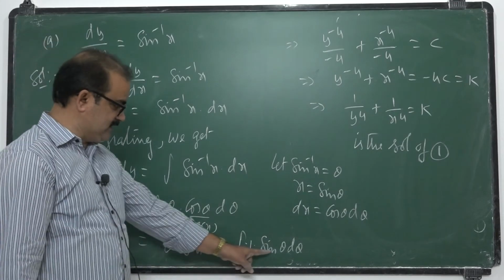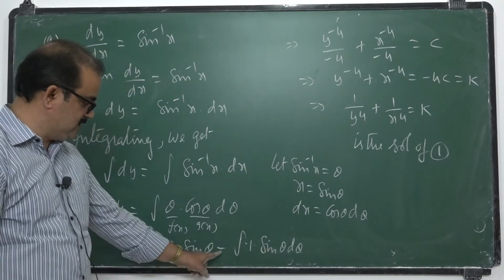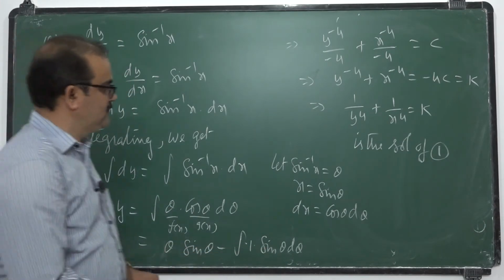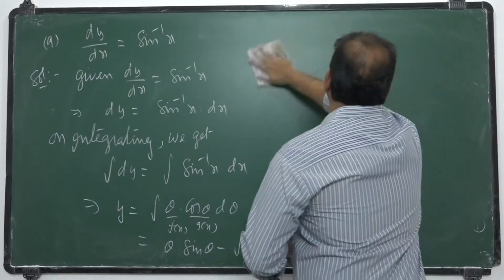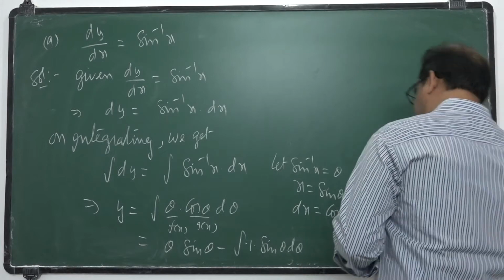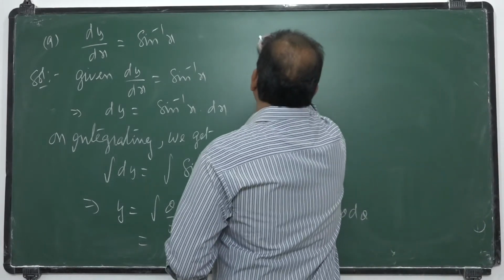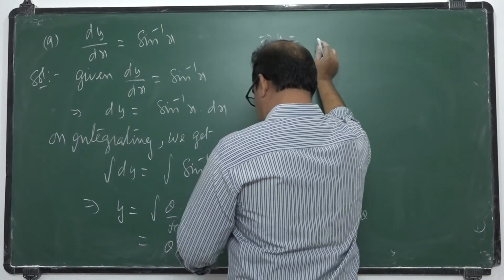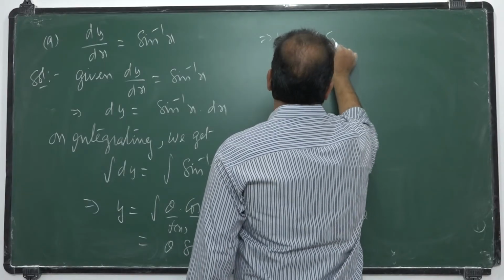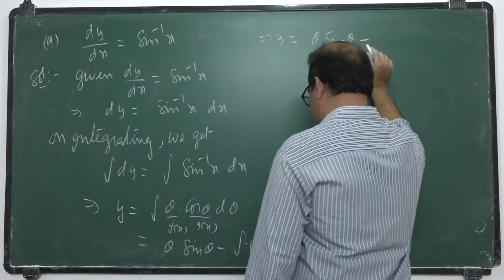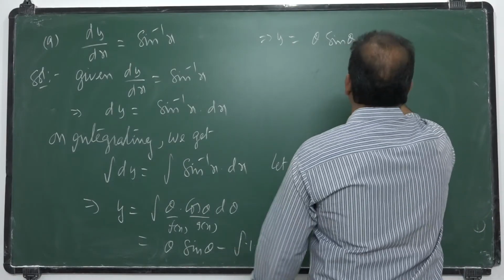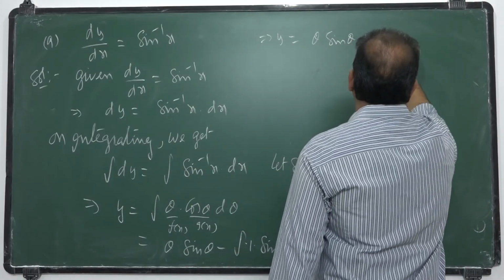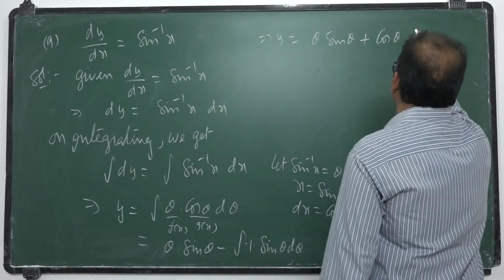Again, what is the integral of sin theta? Minus cos theta. Minus into minus is plus. y is equal to theta into sin theta minus integral sin theta, minus cos theta, minus into minus plus cos theta plus c.